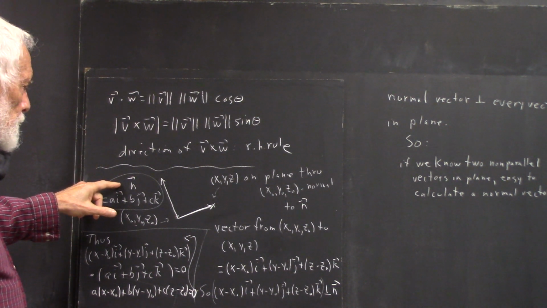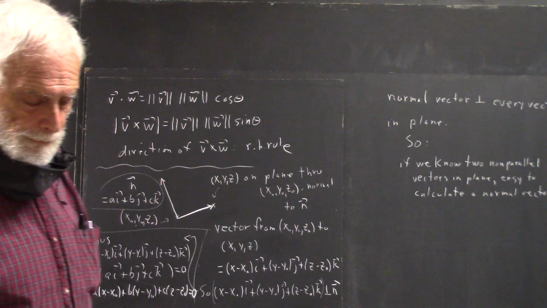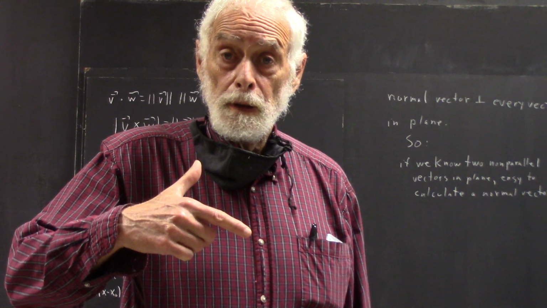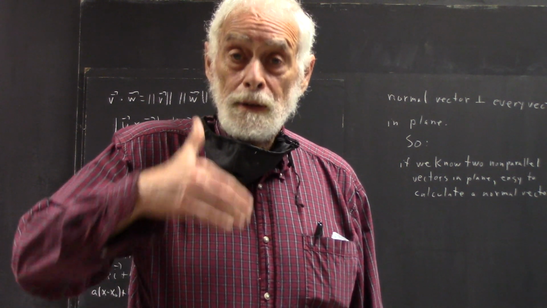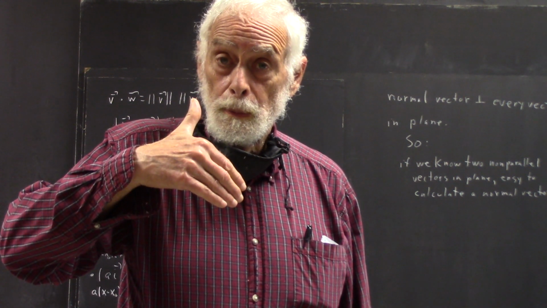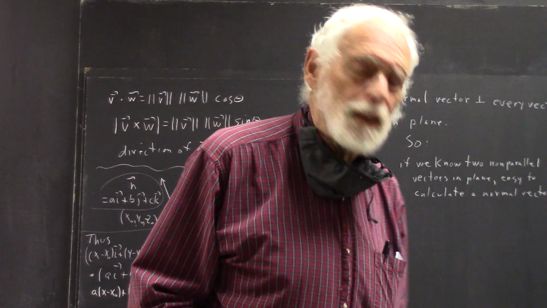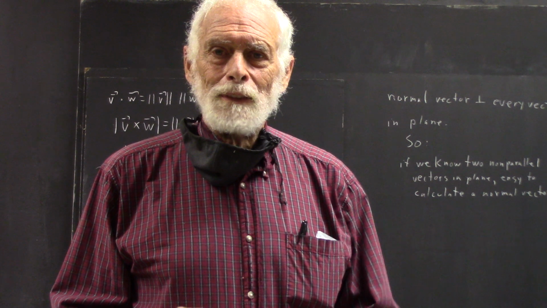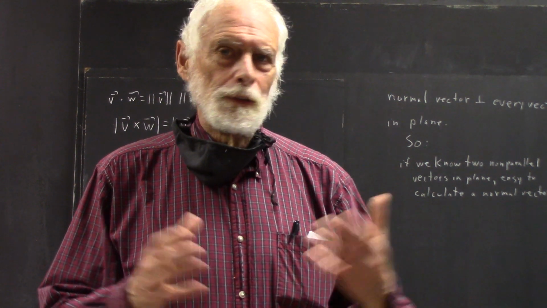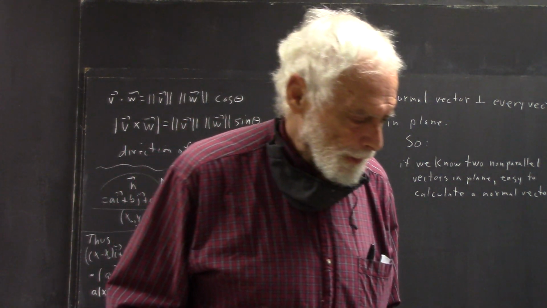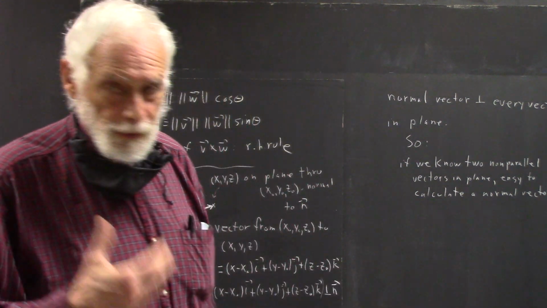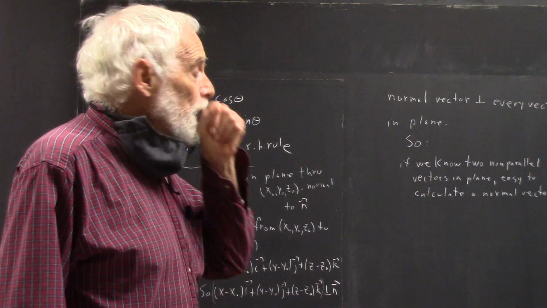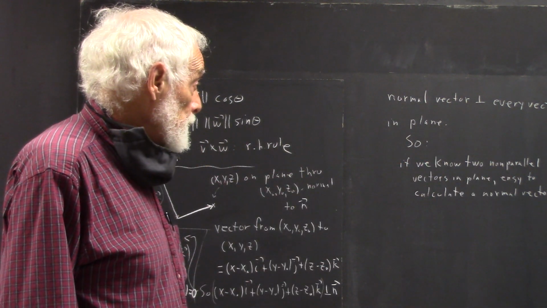The normal vector is perpendicular to every vector in the plane. If you take the cross product of any two non-parallel vectors in the plane, then you get a vector normal to that plane. Now, I say vectors in the plane. Vectors don't have locations. Vectors are displacements, or they're other things besides displacements: velocities, accelerations, electric fields, magnetic fields, and so forth. They generalize even more than that.